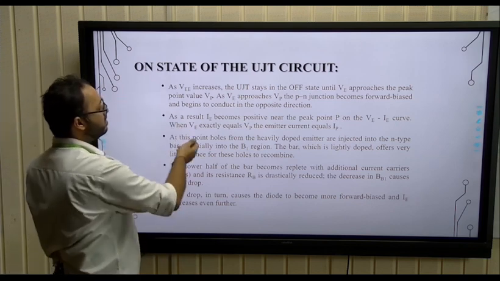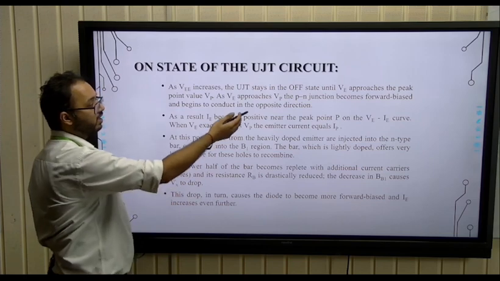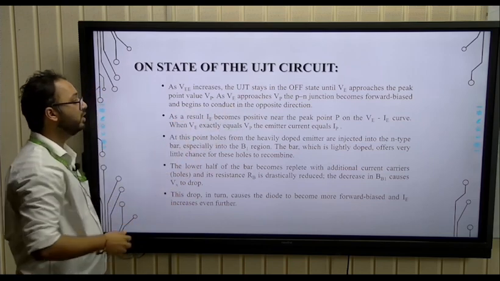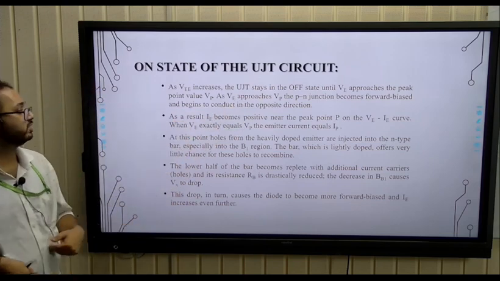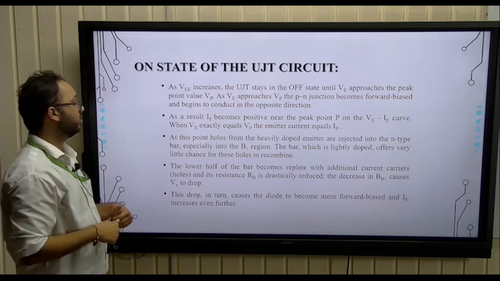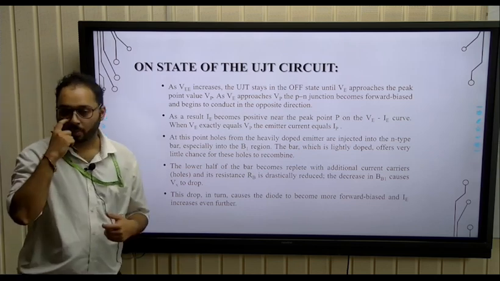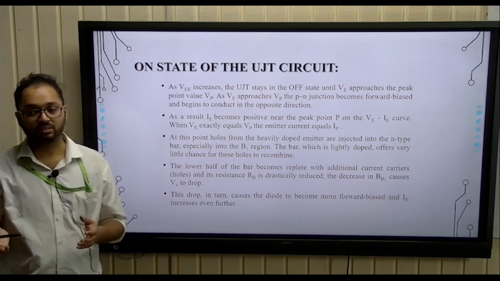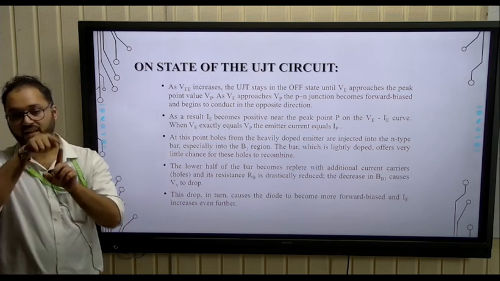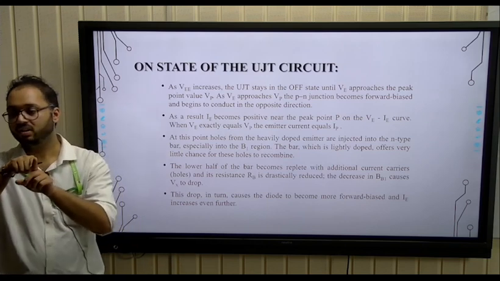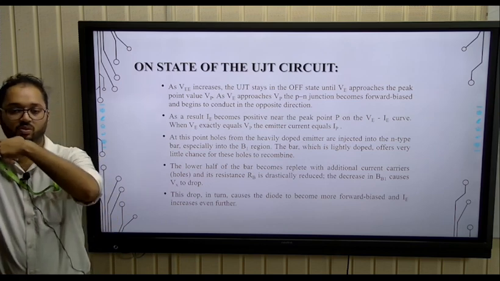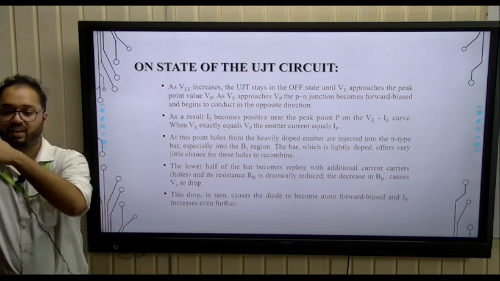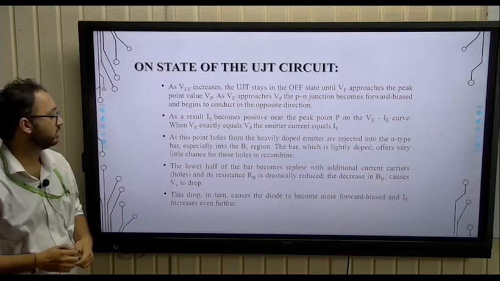As VE is increased, the UJT is in the off state until VE approaches the peak point value VP. As VE approaches VP, the PN junction becomes forward biased and begins to conduct. That happens when we are applying VE, that is we have applied voltage on the emitter, it starts getting close, and when it is very close, it breaks and the current starts.